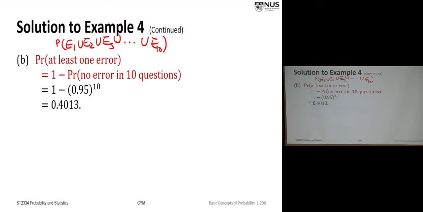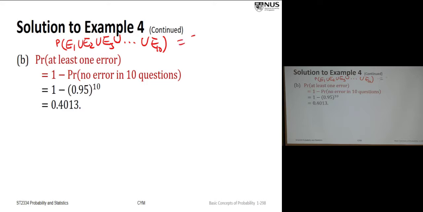Now, if you recall, we have discussed something called the inclusion and exclusion principle. So this one is equal to what? The sum of probability of Ei's, plus the sum of probability of intersection of two, and then minus, and then plus probability of the intersection of all those related to 3.